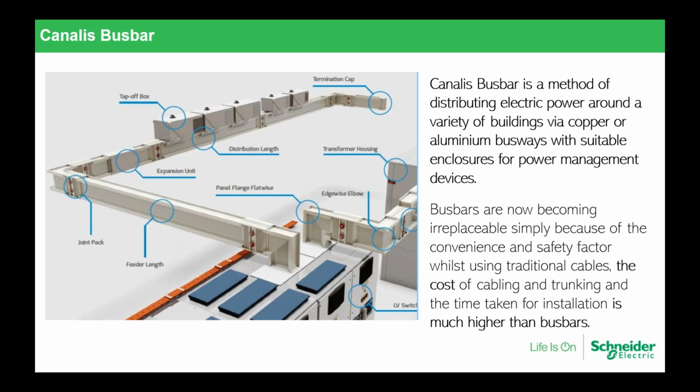So the Busbar and Canalis is an alternative for distributing electrical power, and we do this, as we will see during the presentation, with copper and aluminum busways. And we have different types of tap-offs or enclosures to do the management and to assure the protection of the final loads.